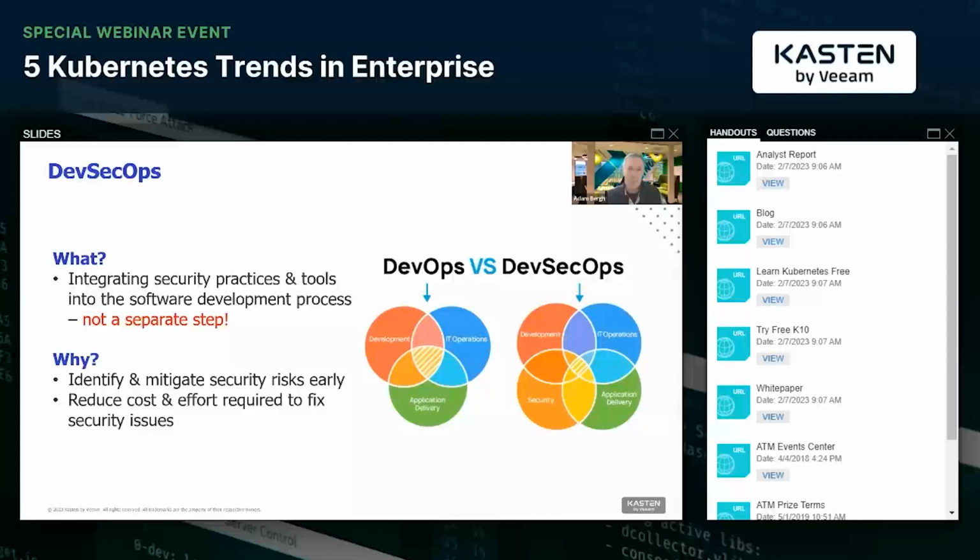So this helps to identify and mitigate security risks early in the development process. It's helping to reduce costs and effort required to fix security issues. Obviously, it's cheaper to have preventative maintenance than it is to fix a problem afterwards, right? It's easier to prevent a ransomware attack than it is to mitigate or solve it once you've already been attacked, right? At that point, there's nothing you can do.